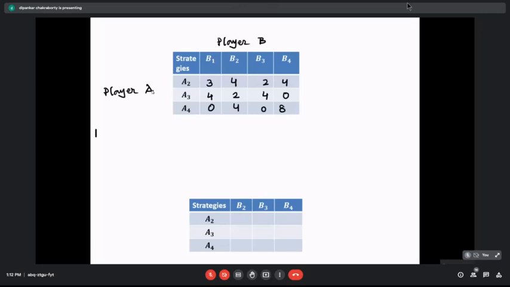Therefore, discarding the column B1, we get the reduced matrix, for pair B and pair A. So B3 will be there.